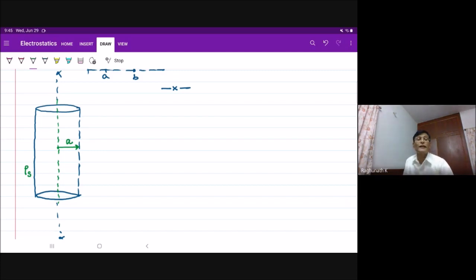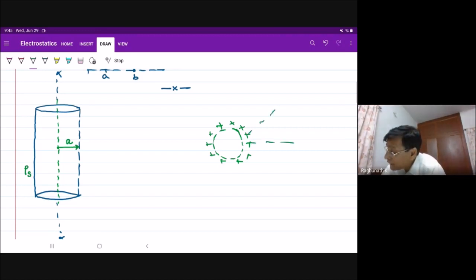If rho s is the charge density, look at it now. The top view of this will be a circle of radius A. Charge will be basically like this, because of which on any plane perpendicular to the axis of the cylinder, field lines are like this. Correct?